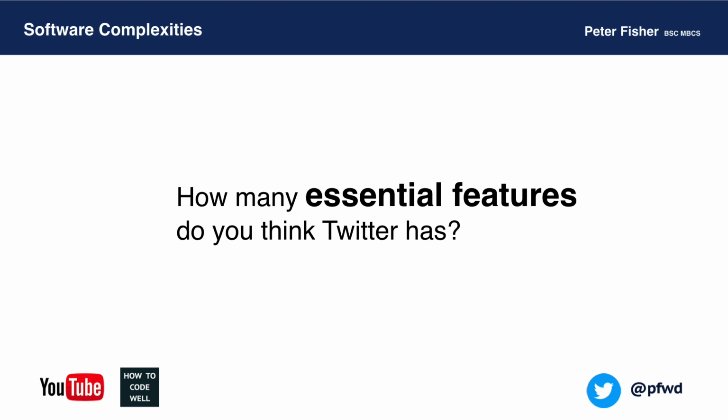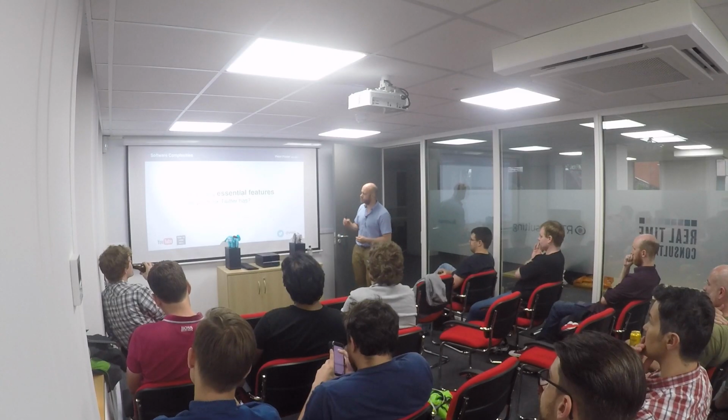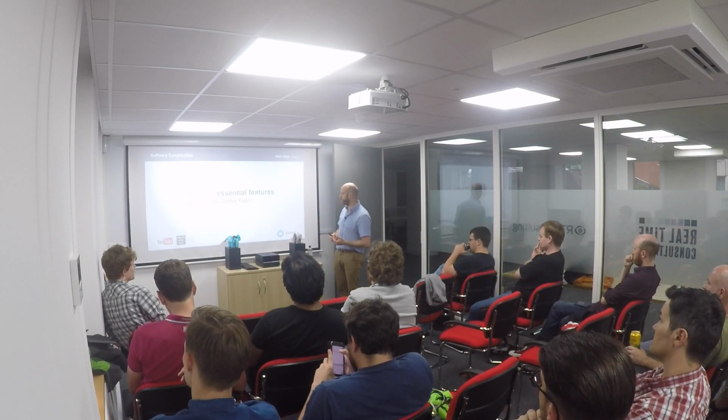So how many essential features do you think Twitter has? And if perhaps, let's say something happened to Twitter and, heaven forbid, the photo feature went and the video feature went. You could still tweet, but you just can't upload photos of your food.